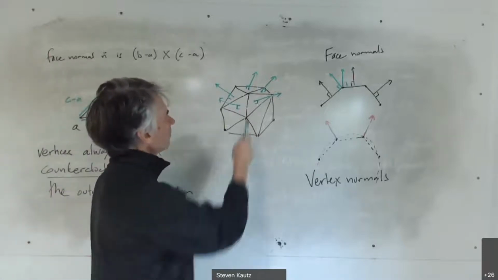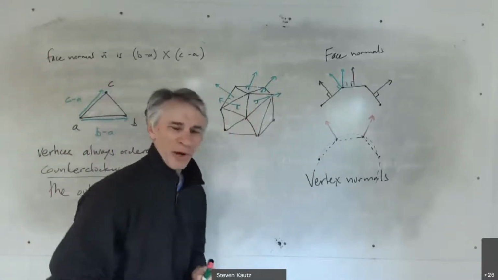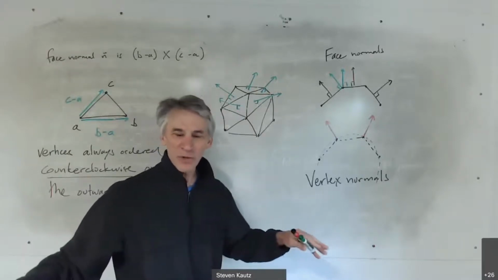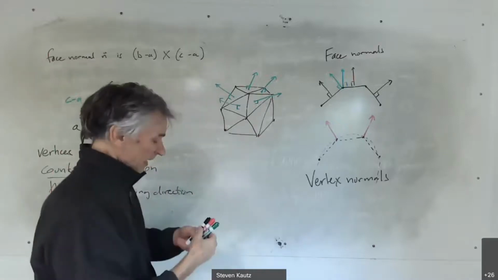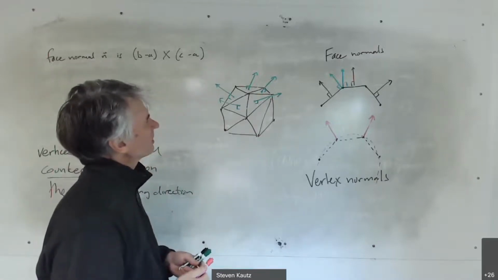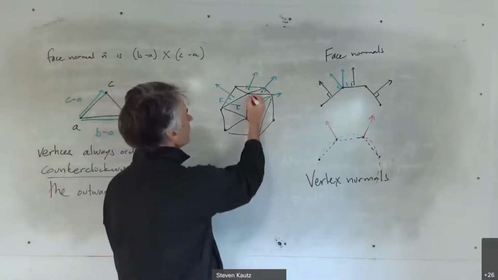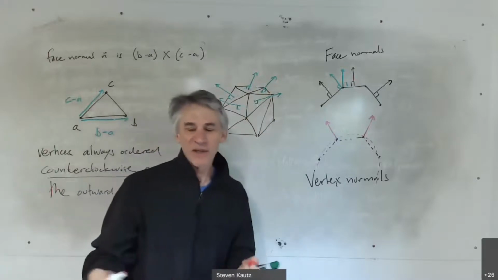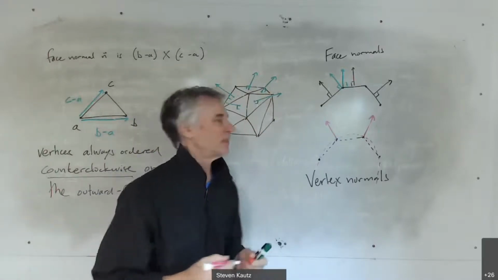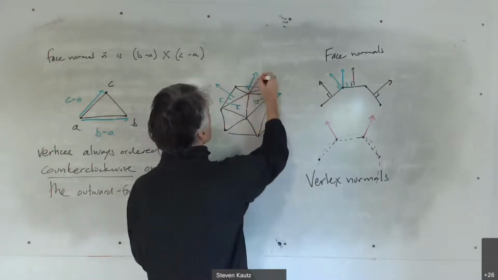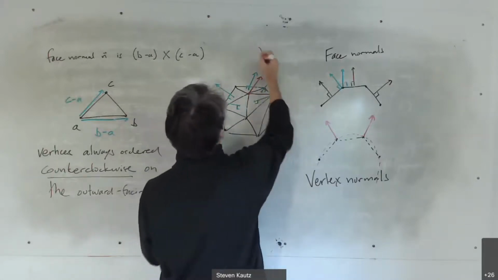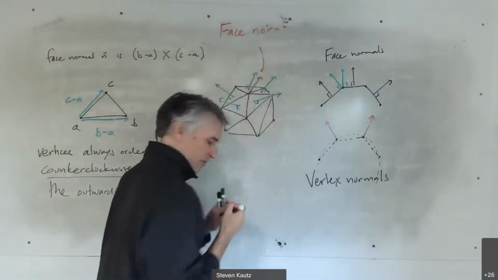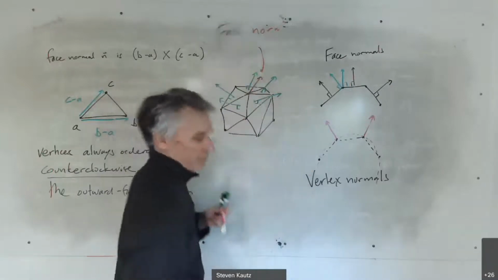The thing is, we want to figure out what direction should be represented at that vertex if all I'm really trying to do is simulate a smooth surface. The usual trick is you identify, for a given vertex, all the adjacent faces, and you take those face normals and you average them. The way we're going to do it is not strictly speaking an average. Excuse me, I said face, and I meant vertex.